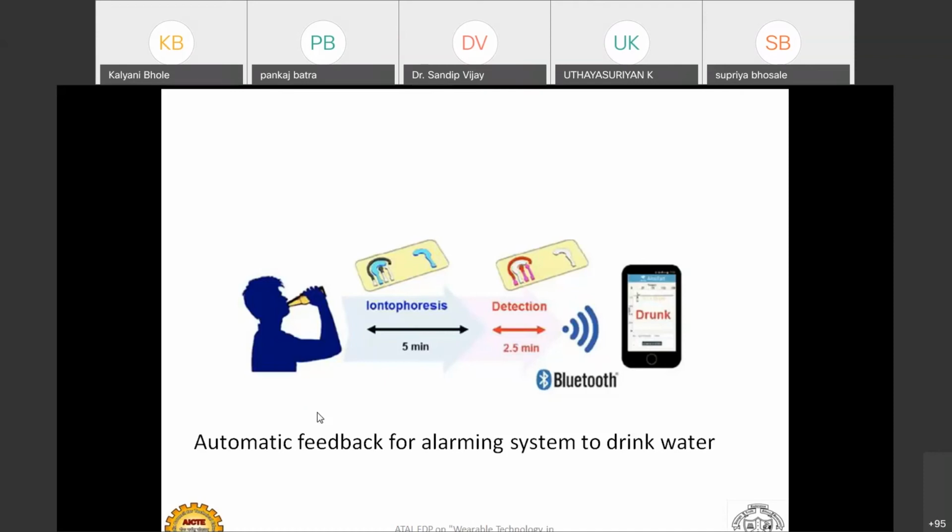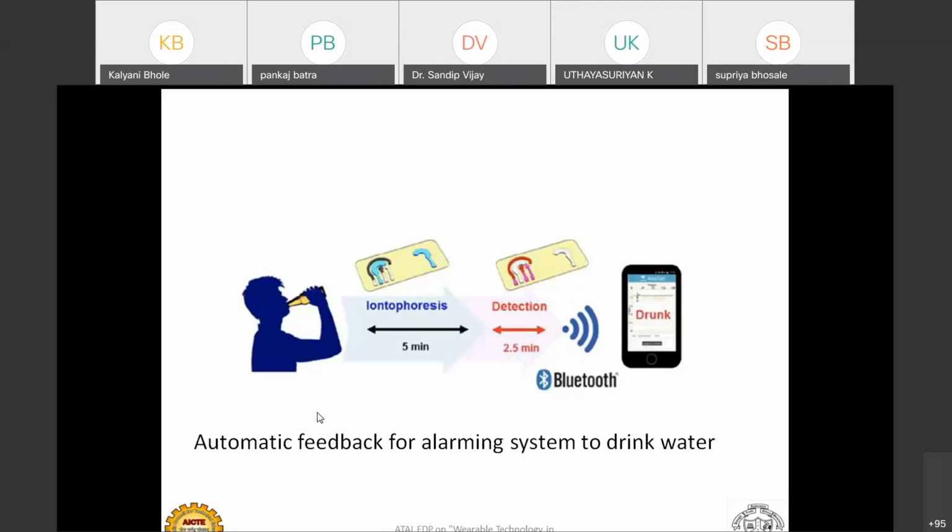This is a kind of automatic closed-loop feedback system to the mobile app that I have drunk a glass of water. A sensor is placed on the skin. It is a delayed response.